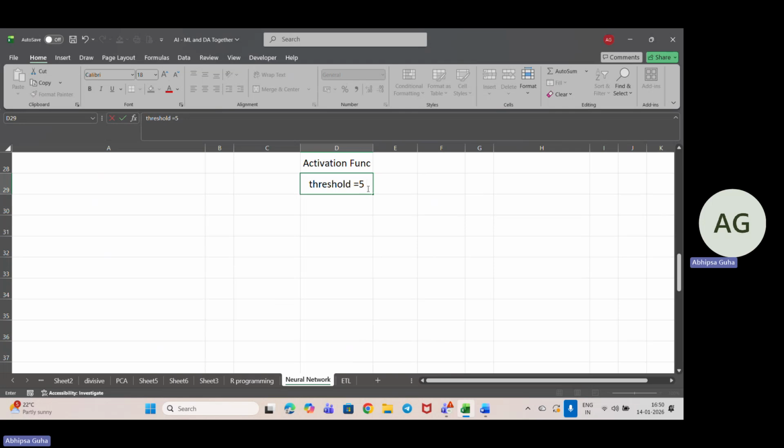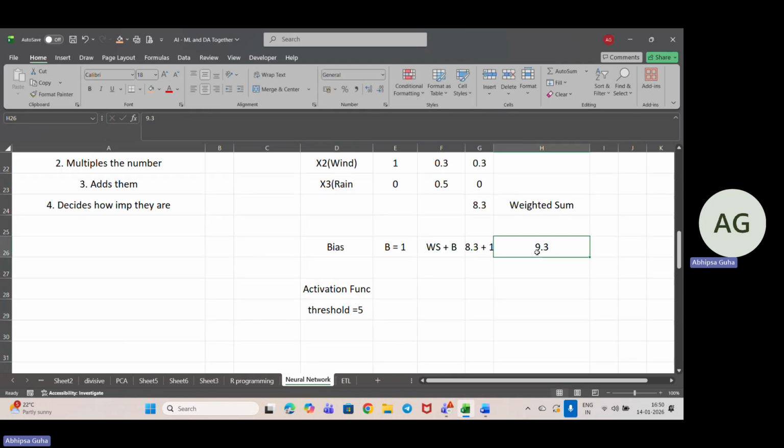If the value is greater than 5, then yes. If lesser than 5, then no. I got the value 9.3, which is greater than 5, of course. So my result would be yes. So I need to wear a jacket.